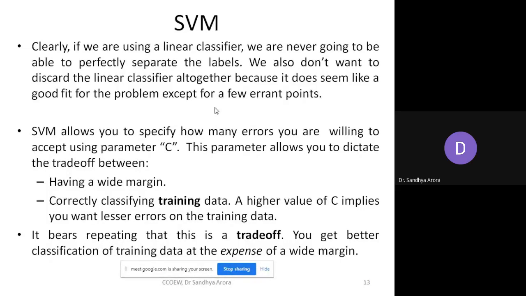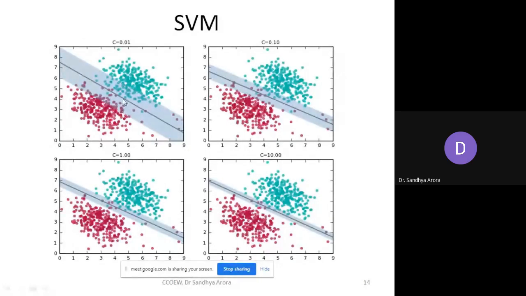So how does SVM solve this problem? SVM has a parameter called C, which is a trade-off between the margin and correctly classifying the training data. See this. If you have a C value of 0.01 in this case, you can see the margin is quite high, so many data items will probably be misclassified.